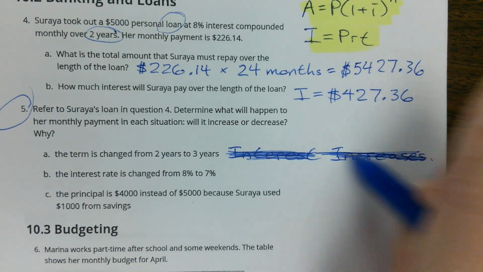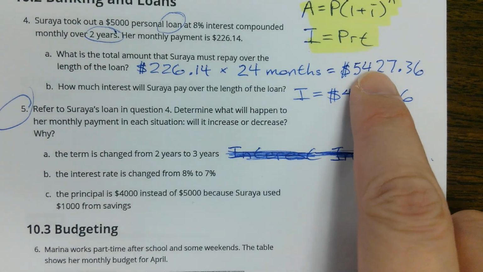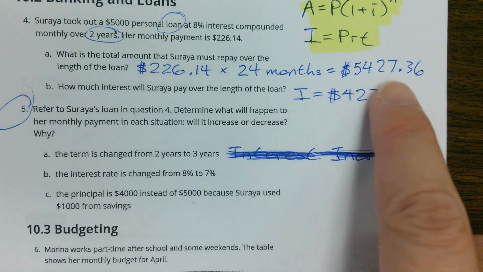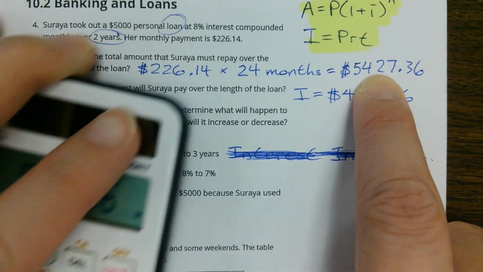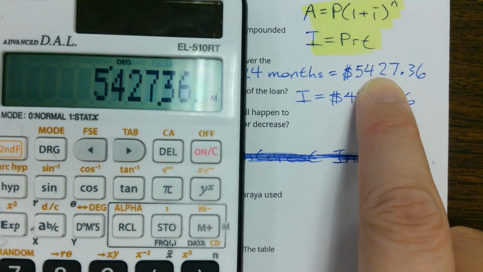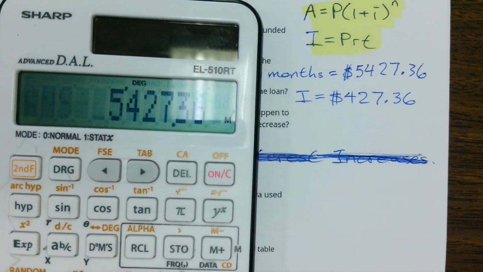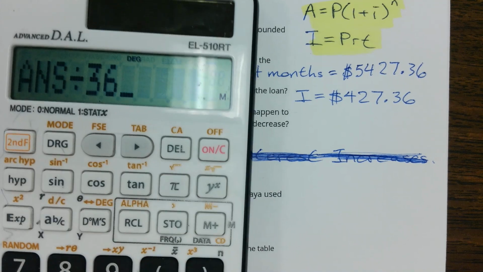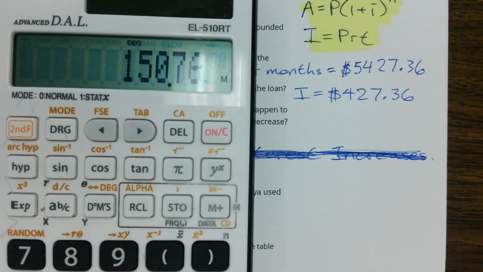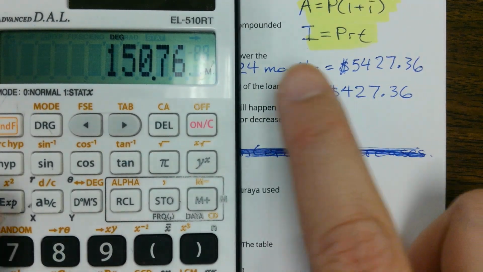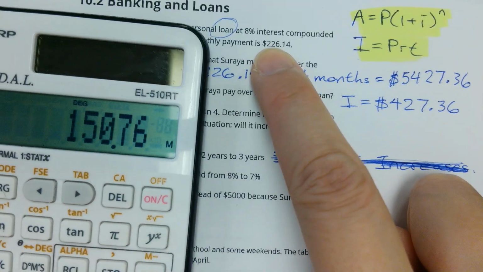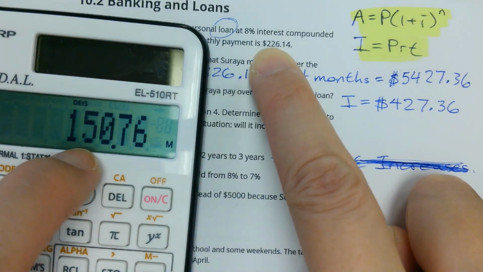So, instead of, let's say this amount, $5,427, instead of dividing it over 24 months, now if you do it over 3 years, you can divide it over 36 months. So that means instead of a monthly payment of $226, it's now just $150.